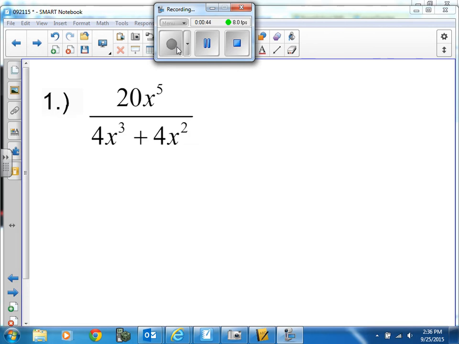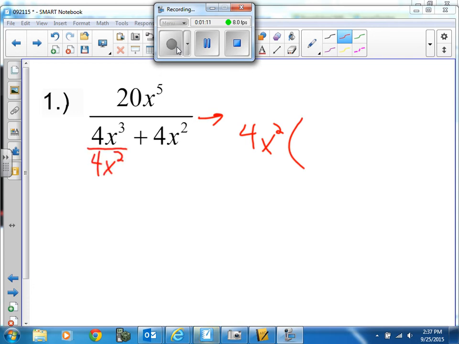Okay, with number one, I would focus on the bottom first, see what you can get out of there. You could factor the top part, but the bottom part, let's just start there. So the bottom part, we can bring out a 4 and also x squared, and parentheses. Well, what am I going to have on the inside of the parentheses?